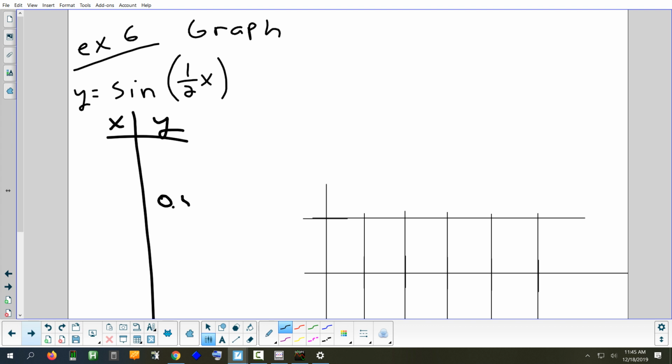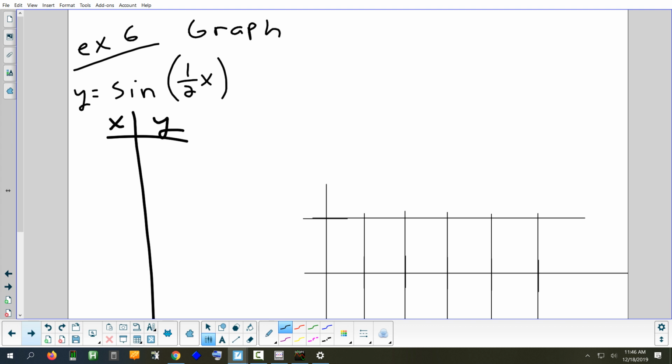It's just 0.5x. Multiplication. Where is the multiplication? Inside. Okay? You have 4 options when you look at a transformation. Multiplication inside, multiplication outside. Addition inside, addition outside. Depending on which one of the 4 it is, that tells you what kind of transformation. And you could have subtraction too. Same thing, just shifts the other way. All right, so this is multiplication inside, which means it's a period change.